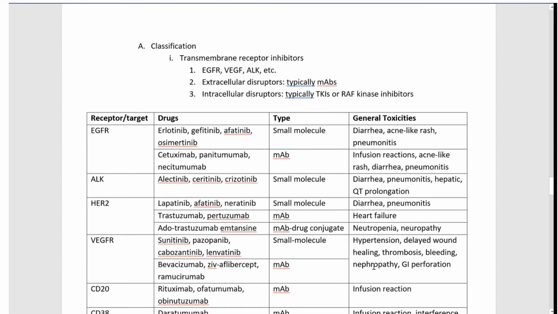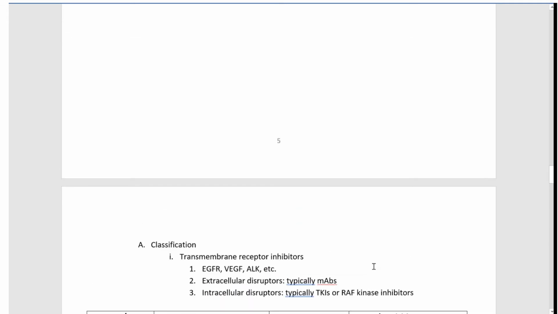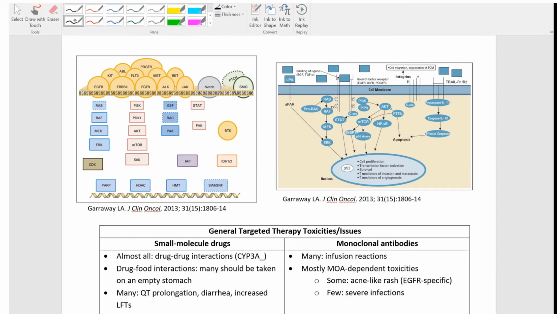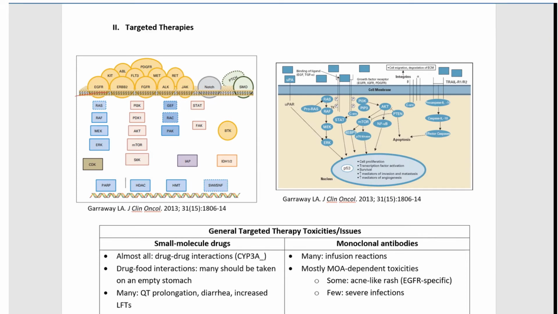So as we drill down specifically into these products here, we can broadly classify them according to where they are in terms of inhibiting this whole process. So we have our drugs that work on the TKI side over here, on these proteins on the cell surface, the transmembrane proteins.